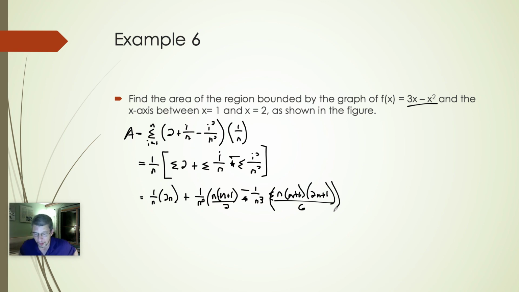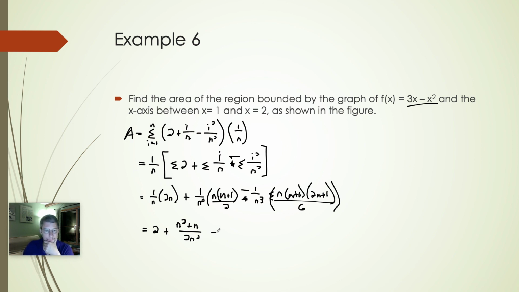Now, if I go through this and do a little bit of quick math, this becomes simply 2, right? 1 over n times 2n is 2. Over here, this becomes n times n is n squared plus n, divided by n squared, over 2.